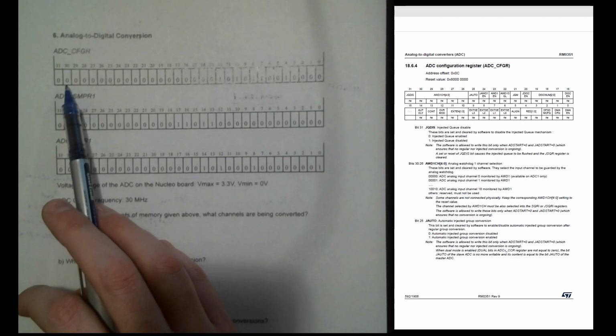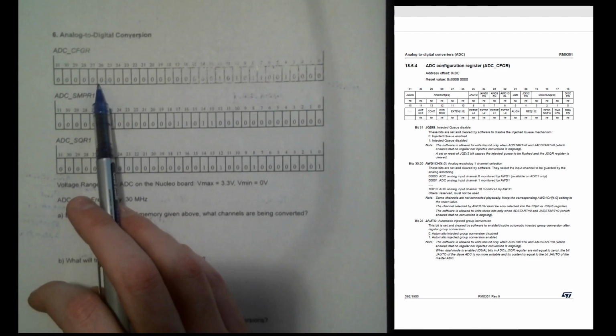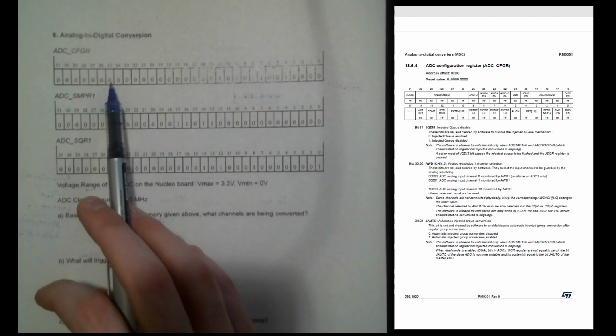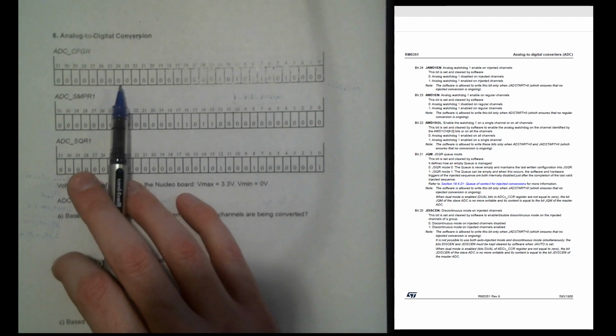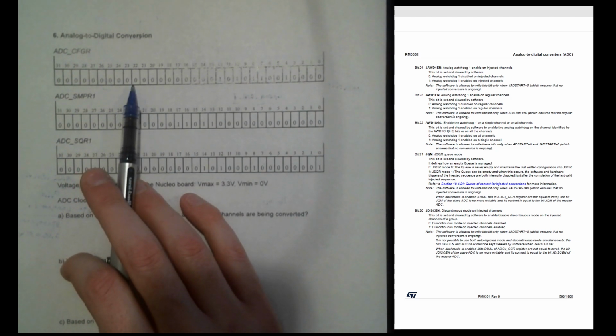The next set of 5 bits, from 30 down to 26, is AWD1CH. These are set and cleared by software. They select the input channel to be guarded by the analog watchdog. Again, not something we've really talked about, so probably not something we're going to ask you about on the exam. We can assume those don't matter here. Automatic injected group conversion, not something we've looked at. Analog watchdog 1, nothing.